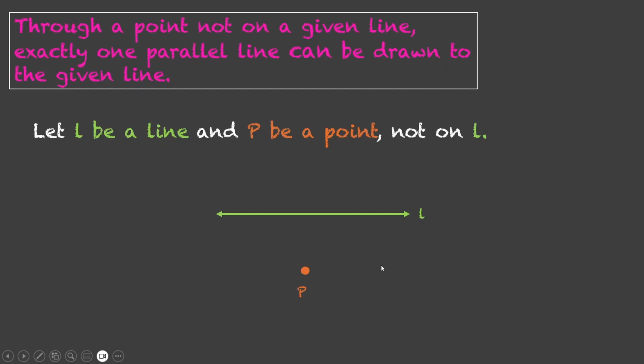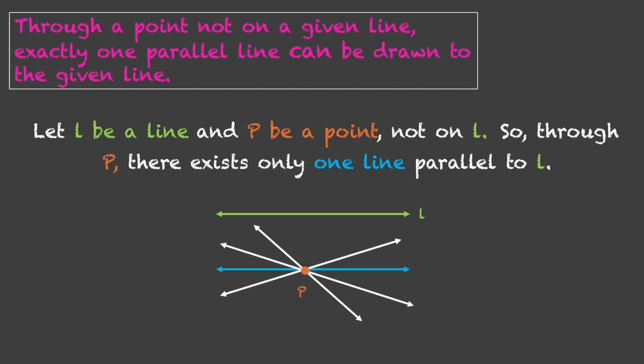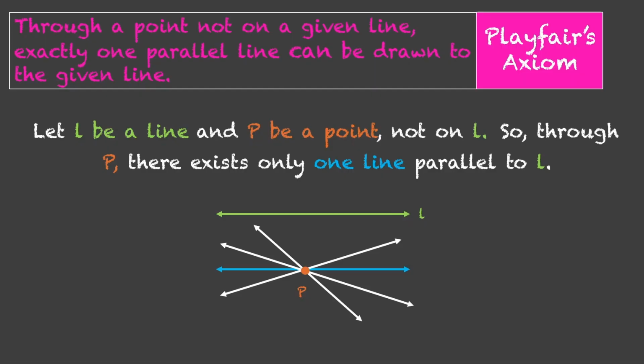Now it is saying through P there exists only one line parallel to it. Now we know that P is a point and multiple lines can pass through P. But there will be exactly one line which will be parallel to the given line L. And this is called Playfair's axiom.